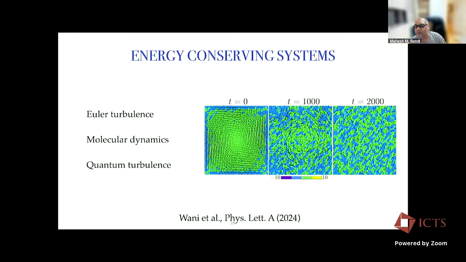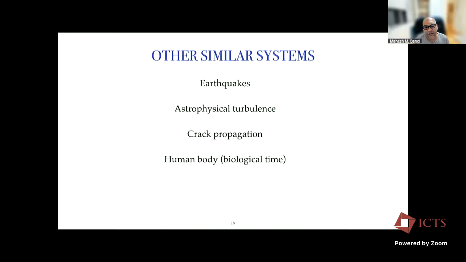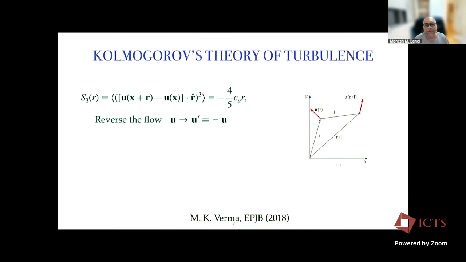I have a question, Mahendra. This is Mahesh joining from Japan. In your previous slide on the third order structure function, you said that you can compute it from a single snapshot, which is true.